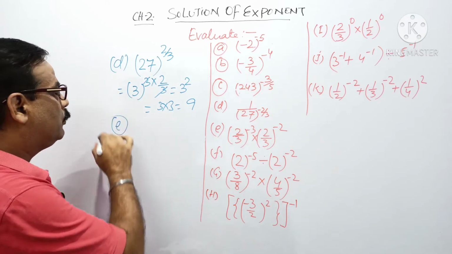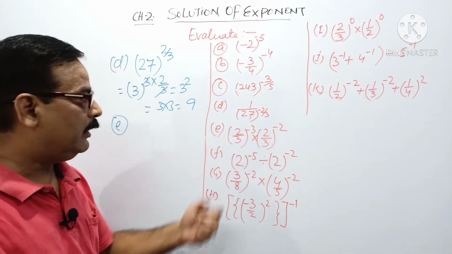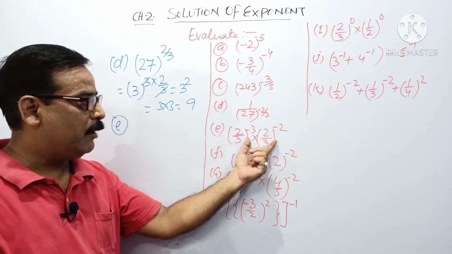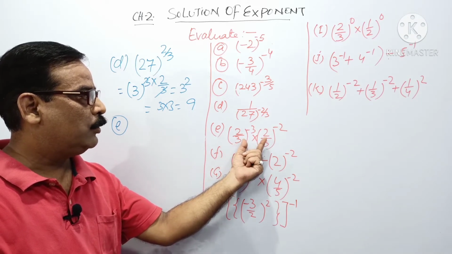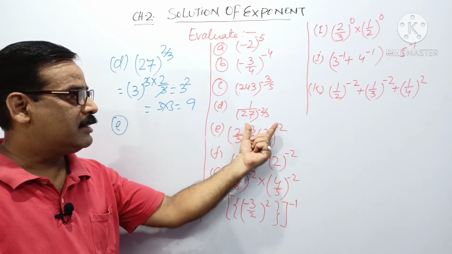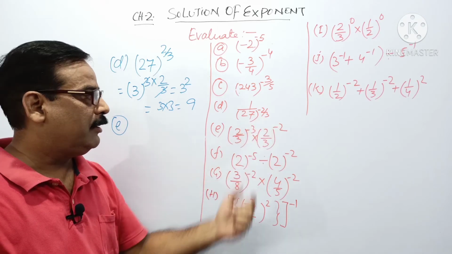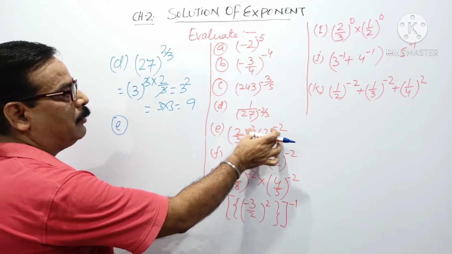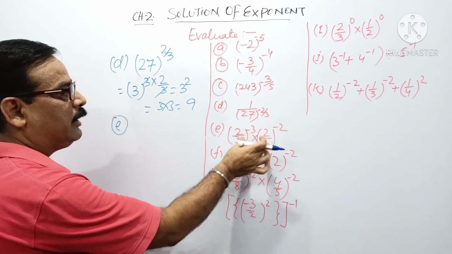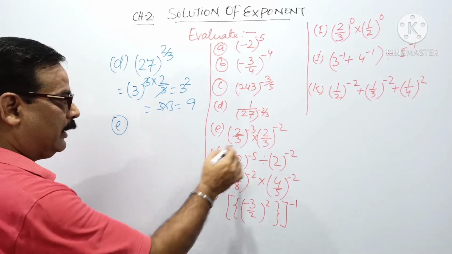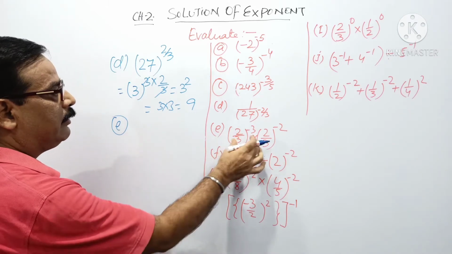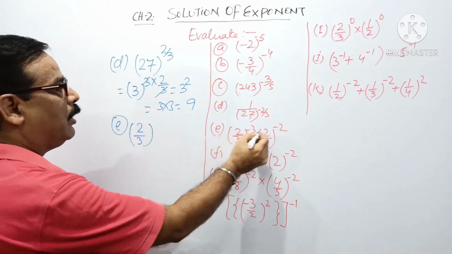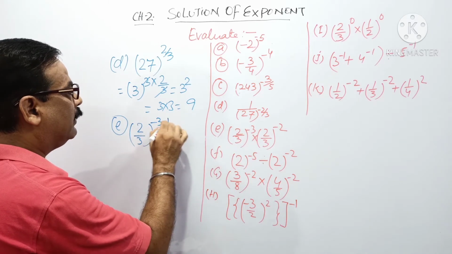We are moving towards question number E. Here we are looking at the base being the same and multiplied together, but the power is different as a negative integer. So what will we do when the base is the same and the power is different and both are multiplying together? We can write here 2/3. The base will remain the same and the powers must be added together.